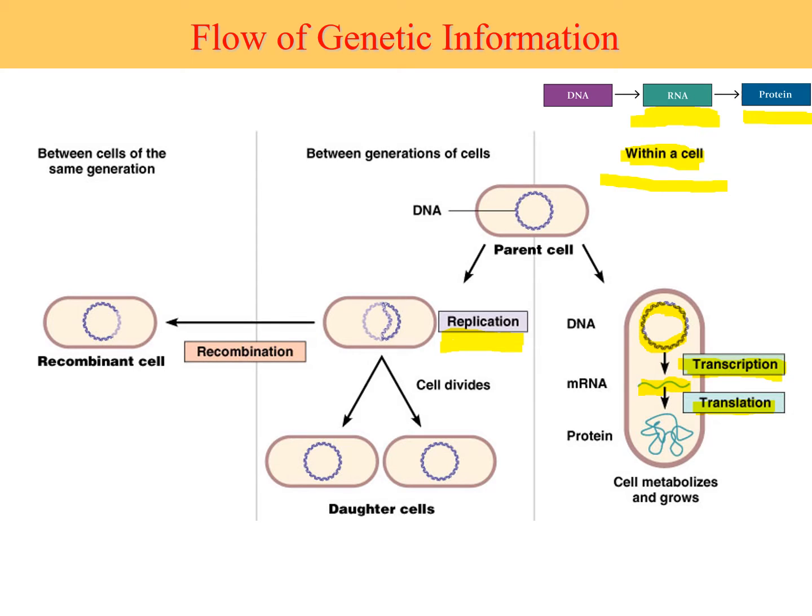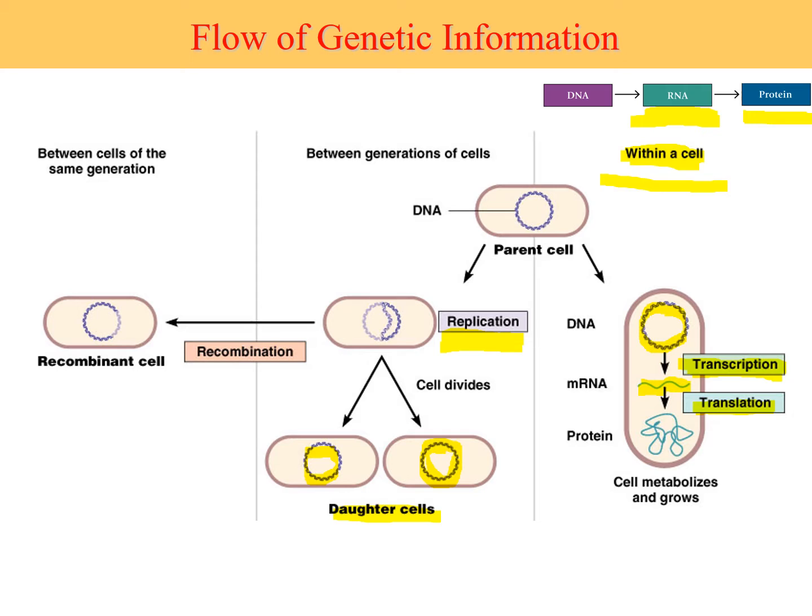You get more of everything that makes up the cell, and the cell divides, in the case of bacteria, by binary fission. In the case of eukaryotic cells, by mitosis, and you end up with two daughter cells that have all of the same identical genetic information, each of them, as was in the parent. So that's DNA replication.